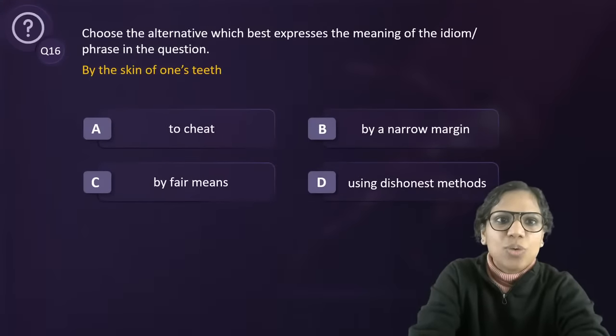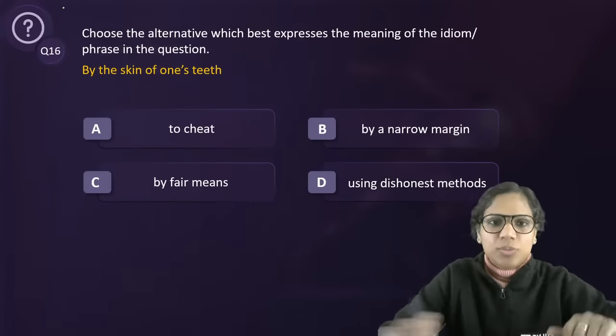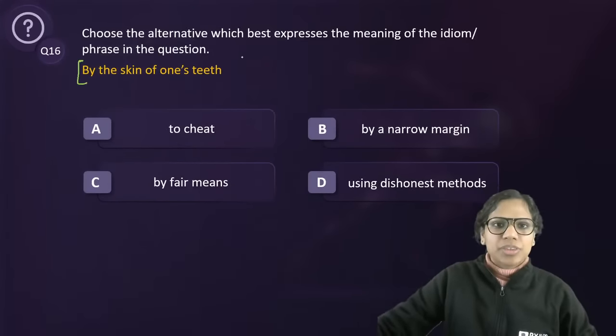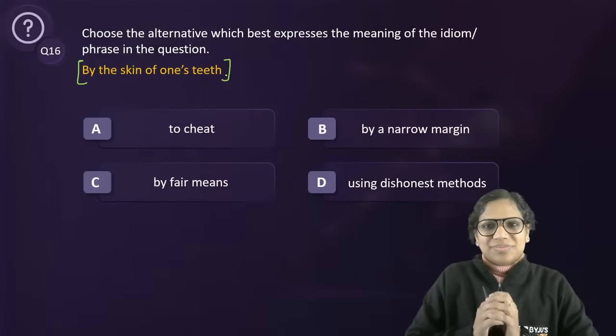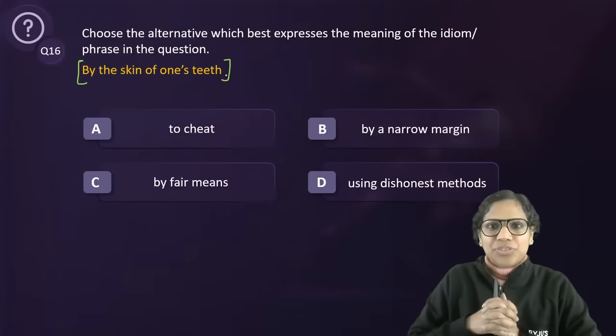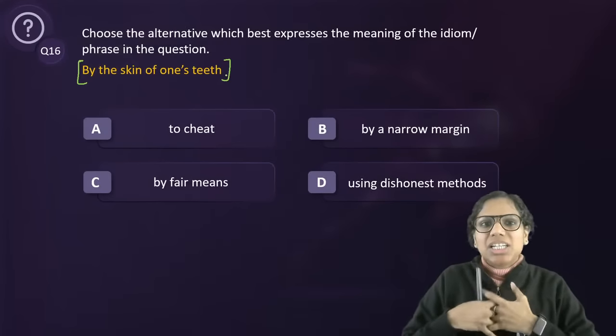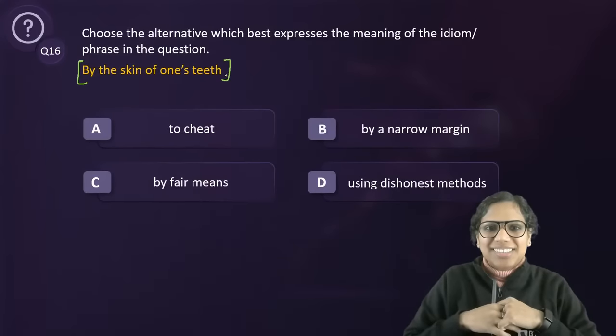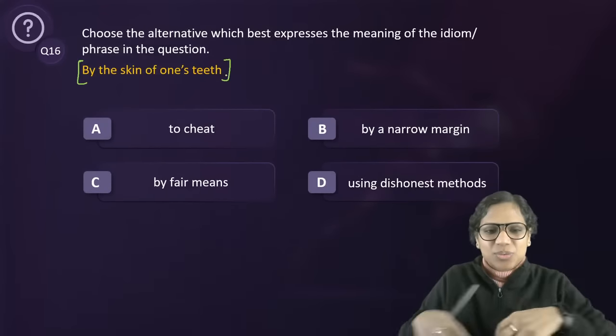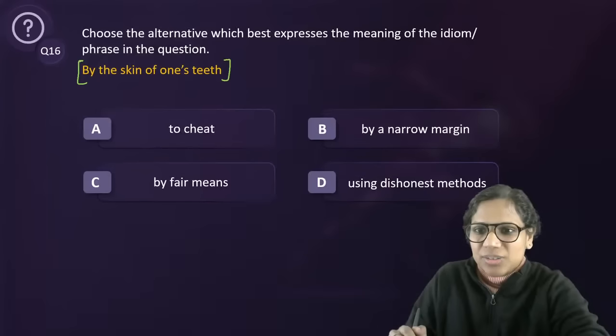Okay. By the skin of one's teeth. This is a common one, relatively more common. If you win a battle by the skin of your teeth, if you clear an exam by the skin of your teeth, what have you done?